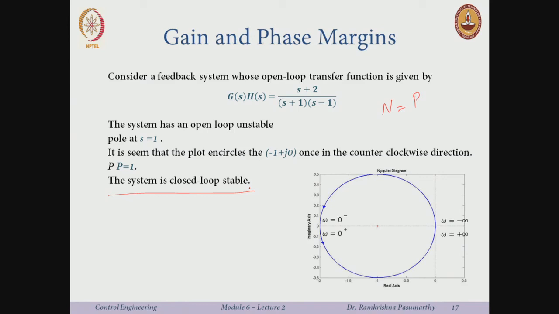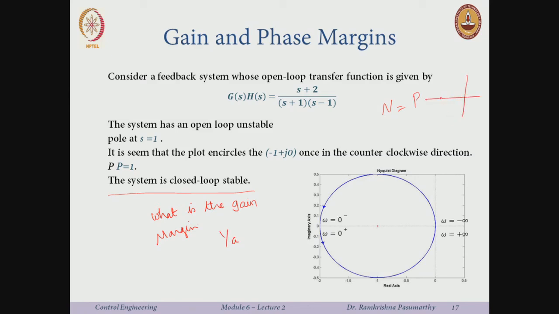Now, what is the gain margin? We had said it is the reciprocal of A. How did we define A?